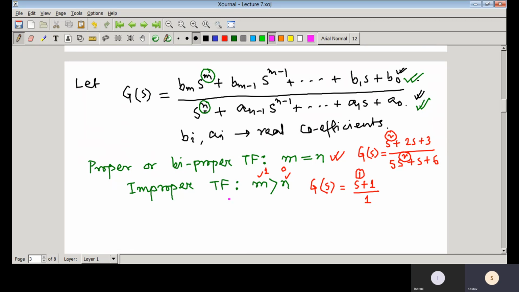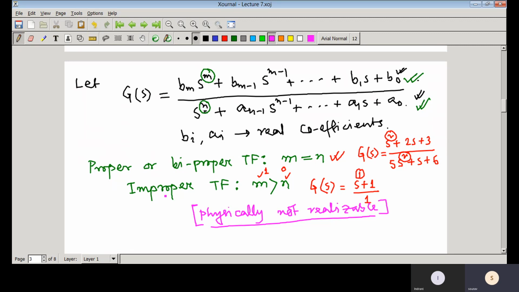One important point, and that is very very important, is that improper transfer functions are not physically realizable. That means whenever you consider a transfer function in improper form, that is, its numerator degree is greater than its denominator degree, that transfer function cannot be realized physically.